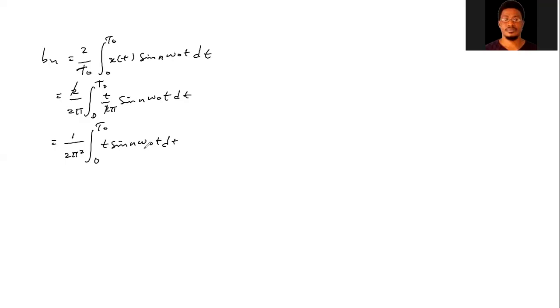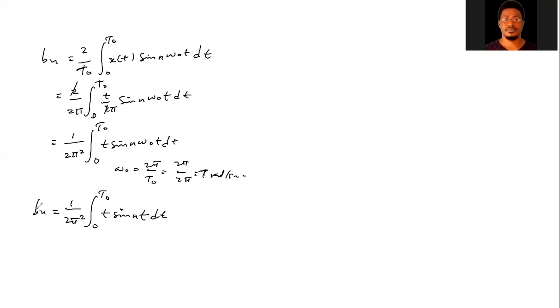Now we already know that ω_0 is the same as 1, because ω_0 is the same as 2π over T_0, and T_0 is 2π, so 2π over 2π is equal to 1 radian per second. So b_n is the same as 1 over 2π squared integral 0 to T_0 t sin nt dt.